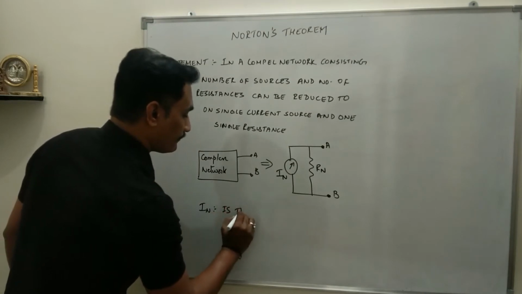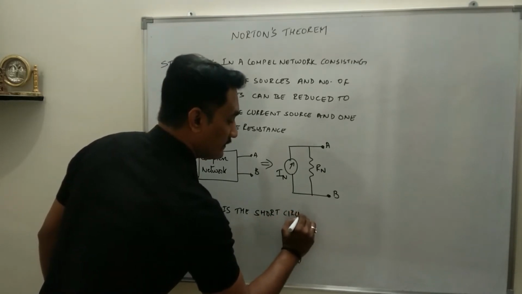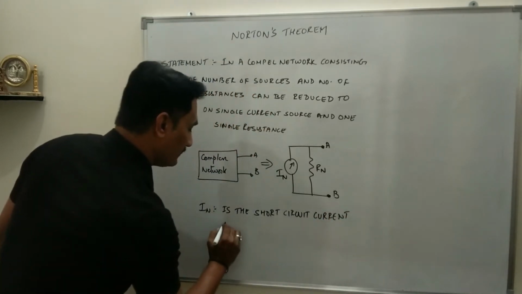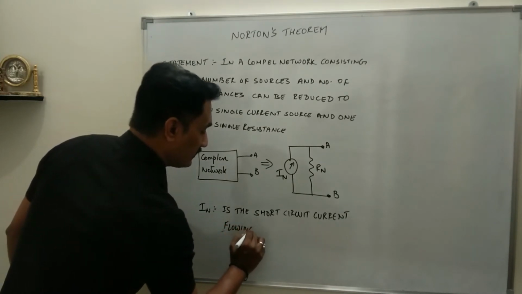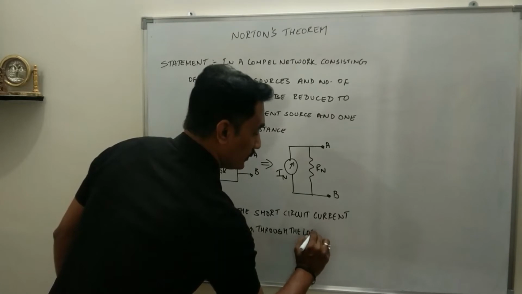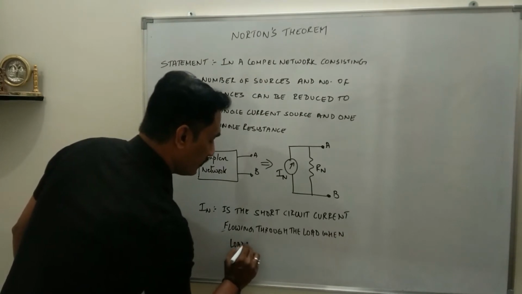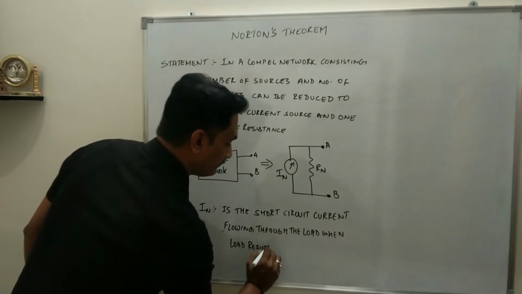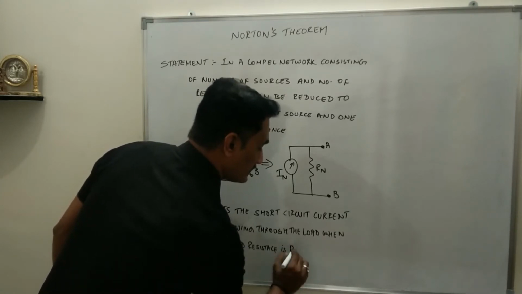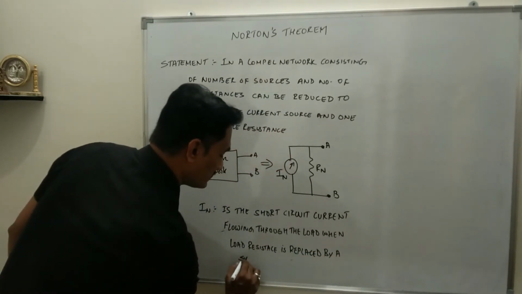IN is the short circuit current flowing through the load when the load resistance is replaced by a short circuit.